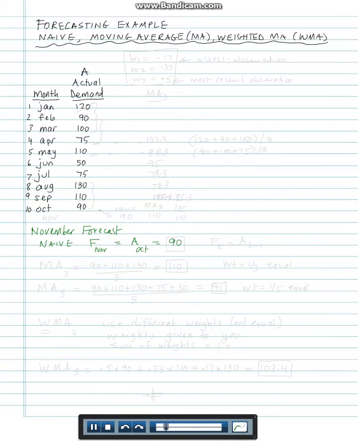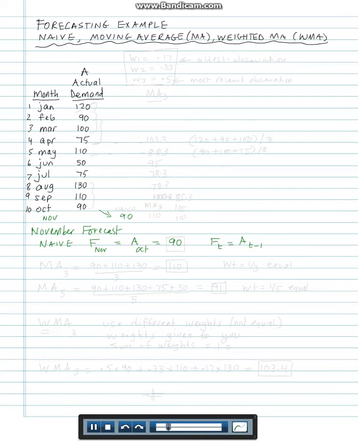It's as if we're saying whatever happened last period is whatever is going to happen next period. So simply 90 is the forecast for November. If you want it in terms of formula, Ft is equal to At minus 1. But it may be easier to remember it this way.